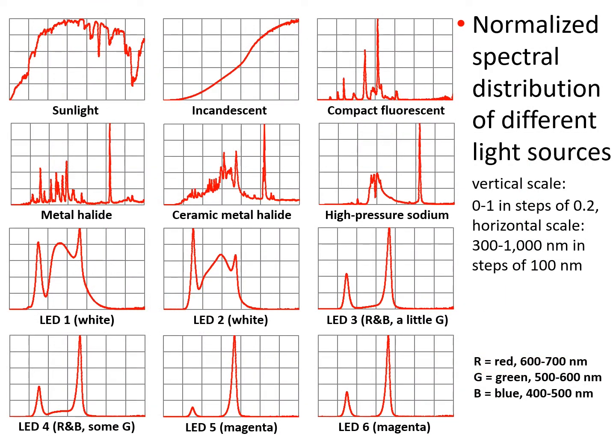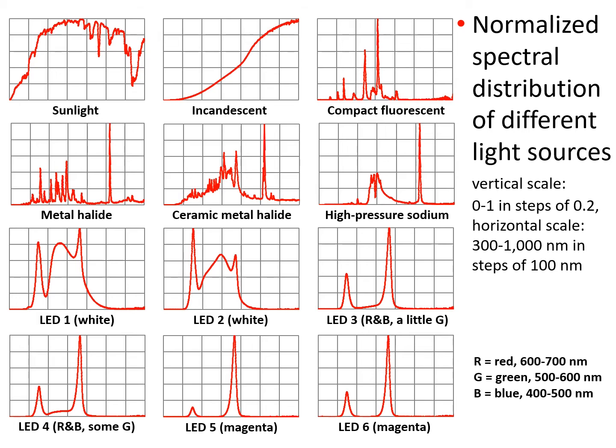Using the measurement procedure shown in the previous slide, we can compare the spectral output of different lamps to get a better understanding of how different they are. This slide shows the spectral output of different lamp types used for horticulture applications and includes the solar spectrum for reference. The horizontal axis covers the 300 to 1000 nanometer waveband in increments of 100 nanometers.